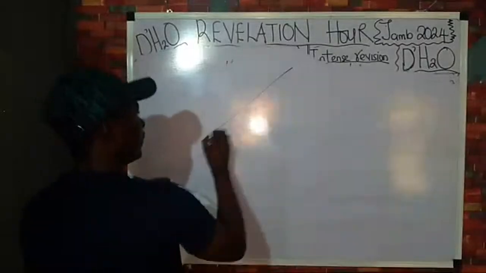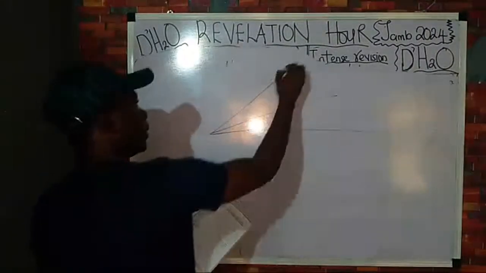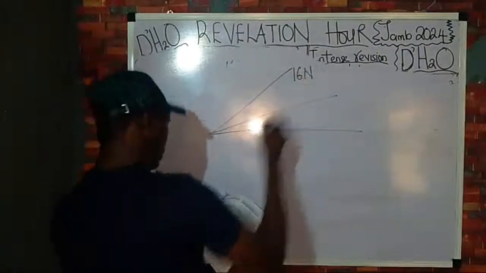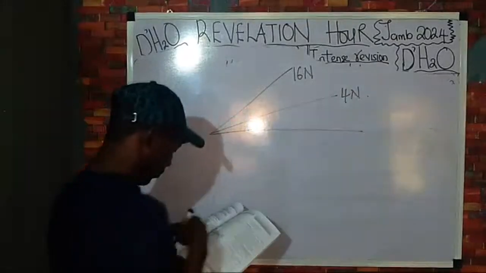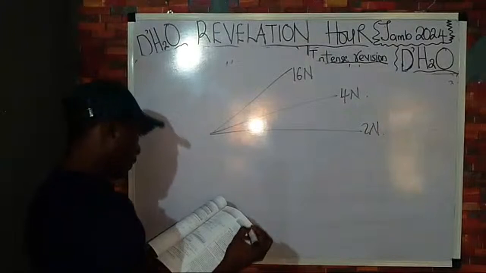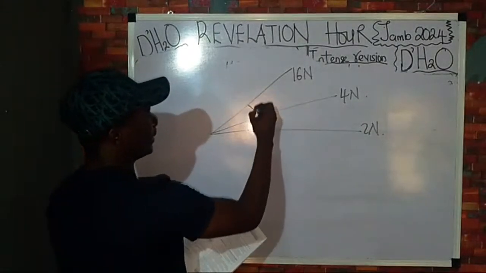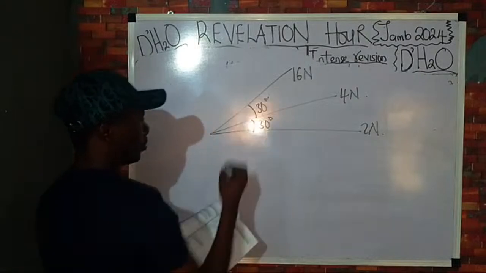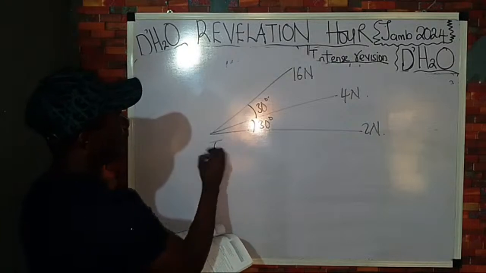You have a diagram this way, just 3 forces: 16 Newton, 4 Newton, and 2 Newton. The angle here is 30 degrees, and the angle here is 30 degrees. Now, find the resultant.